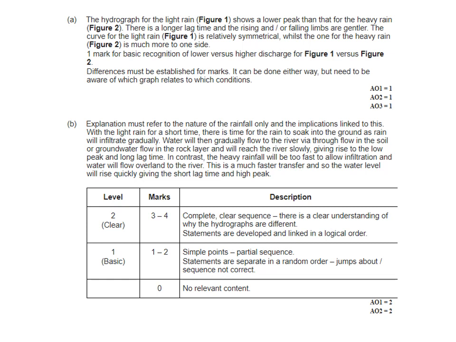And B, well, there's only so much they can say here on the mark scheme, but in order to get 3 or 4 marks, these need to be complete, clear sequences of information. It needs to be linked statements, not just simple partial points. If you go back to my examples, you'll see examples there of 3 to 4 mark answers. If you just said, for example, one thing that could cause it is impermeable rock, full stop, I mean, that's probably not going to get you even 1 mark.